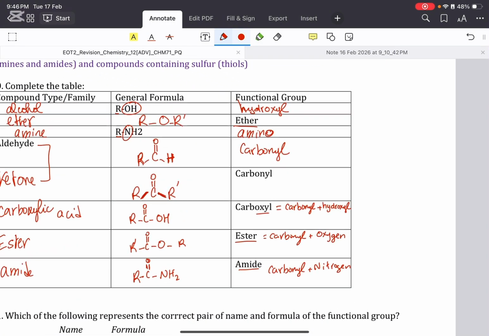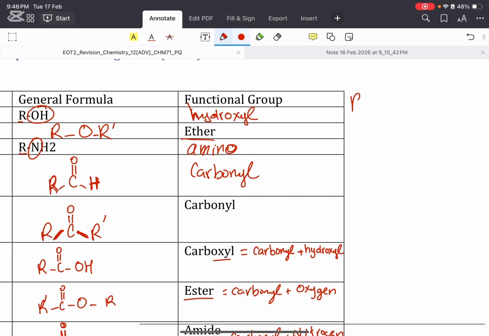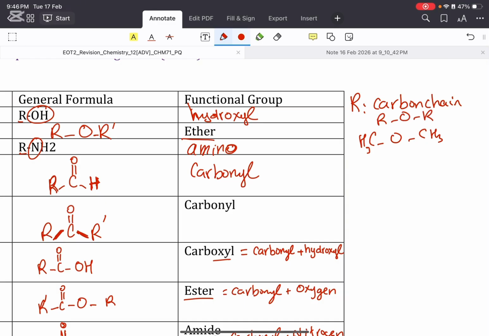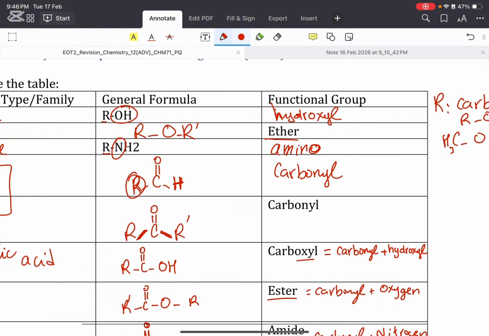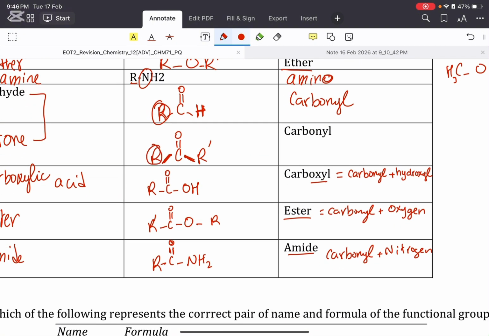Now, I hope now that you figured out what is R. R is a carbon chain. So instead of writing CO, for example, like this, I can represent it by ROR. Or probably here, it means I have carbons from the left. Here I have carbon and hydrogens bonded from the left and the right.